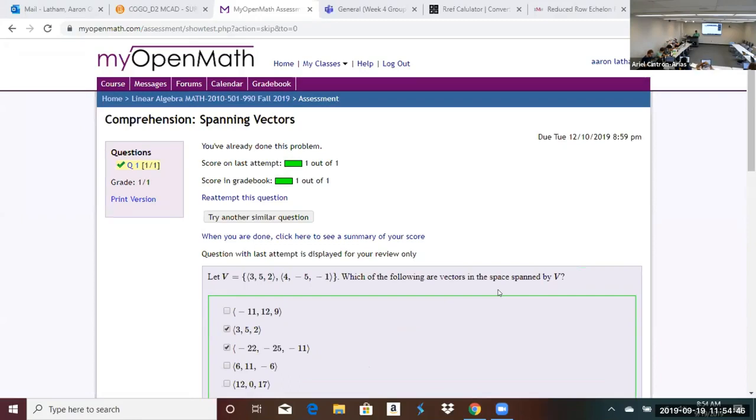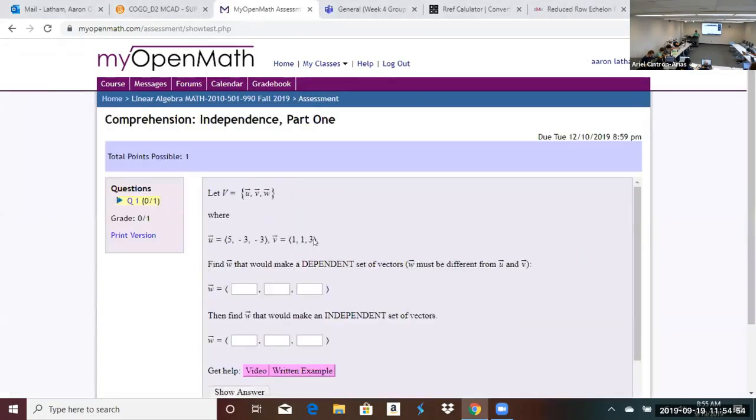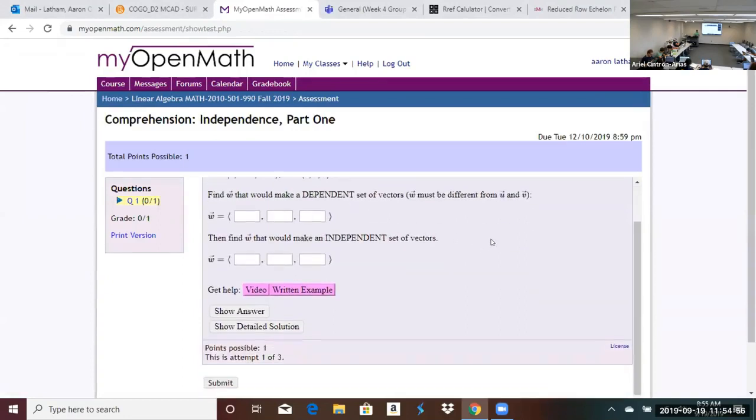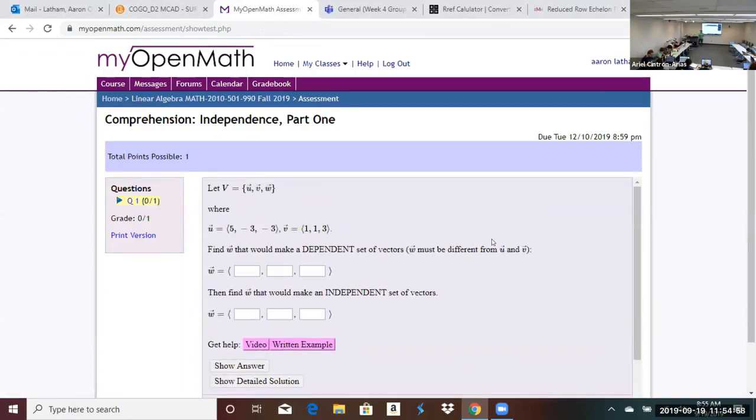Aaron, can you go to the other assessment? Go to that, click there. Independence part 1. Okay, so for linear dependence or linear independence, we want to consider a very particular linear combination, which is analogous to a homogeneous system, right?